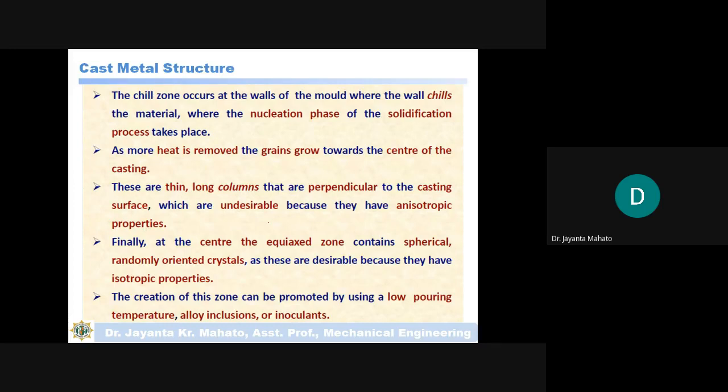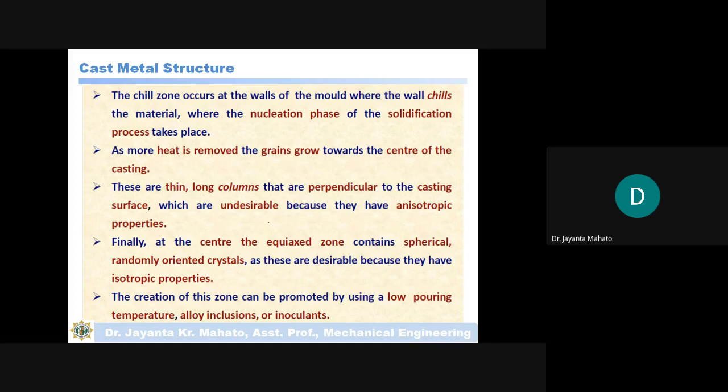As more heat is removed from the mold cavity, the grains grow towards the center of the casting. That is why all the columnar grains are elongated towards the center of the mold cavity.